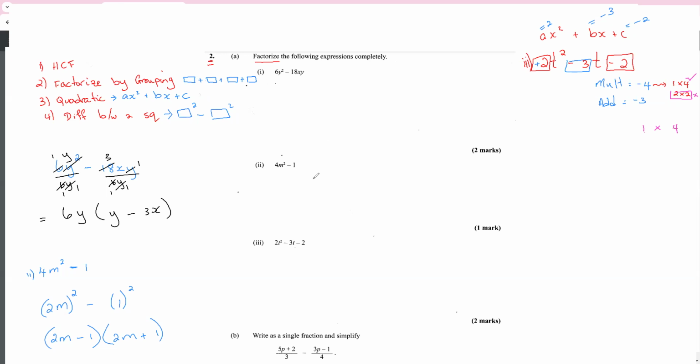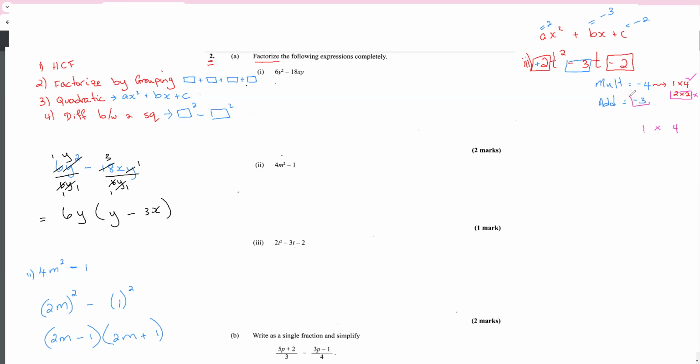We know both of them have to be different signs in order to get -4 when you multiply, right? Because if you have 2 different signs, my answer will be negative. So that means one of these will be negative.